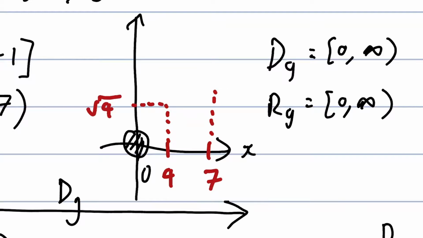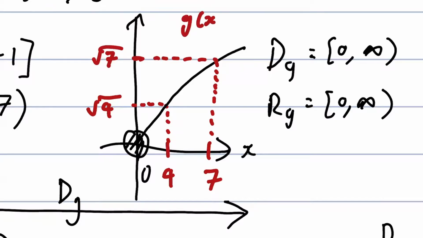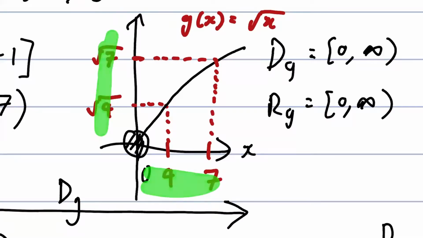Yes, exactly. Now you have x equal to 7, then the corresponding y value must be square root 7, because gx is square root x. So what's the range? Focus on the x or the y? Y. Square root 4, square root 7.